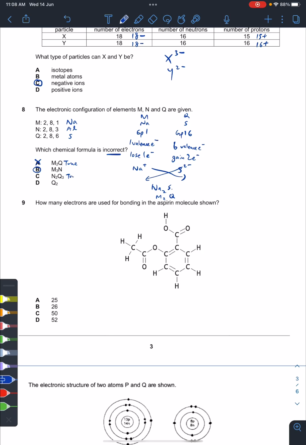C is true. Let me show you. N, Q. N is aluminium. Aluminium is group 13. Means 3 valence electrons. Means I lose 3. I get Al3 plus. S2 minus. Cross method. Al2S3, which is N2Q3.